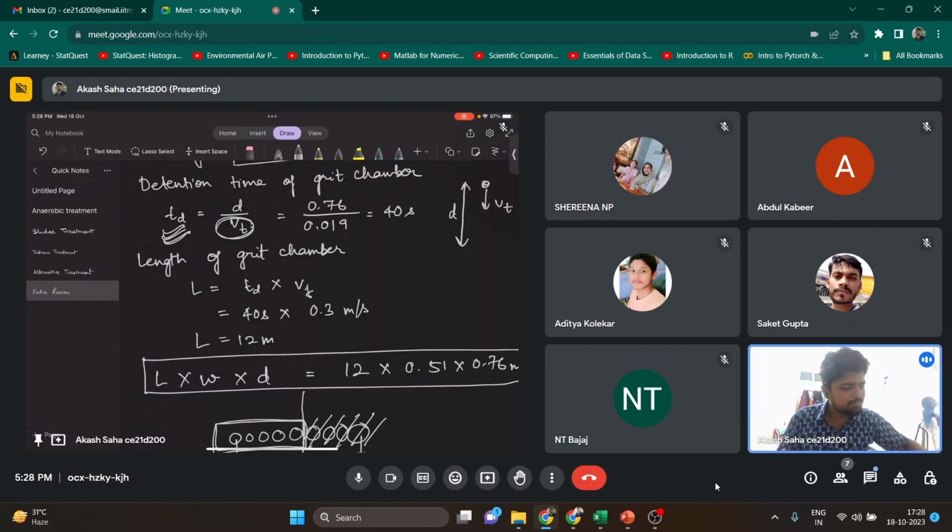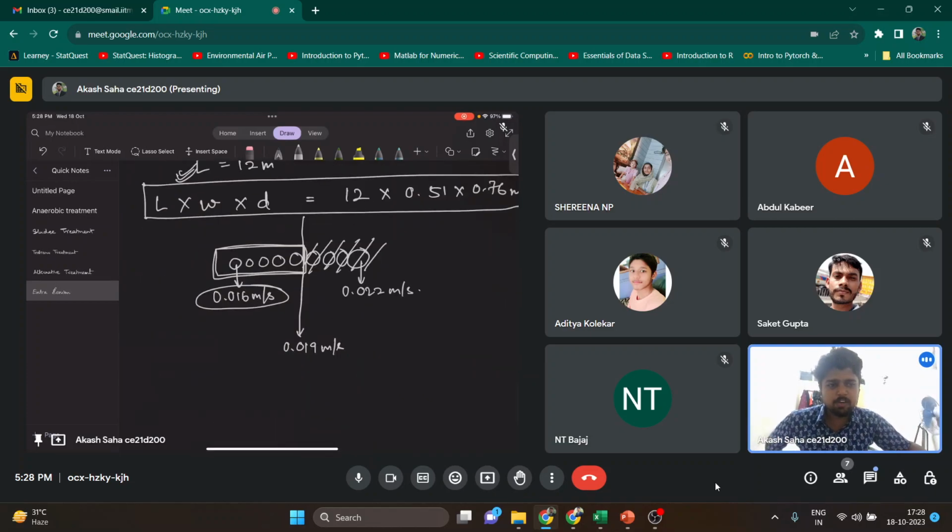If my detention time will increase, my length will increase. So I am giving more length for the particles to get settled. So in this case, if I take the settling velocity to be the smallest one, I will ensure that all my particles will get settled. Whereas in this case, not all particles will get settled. Some will get settled, some will not. It will flow through.